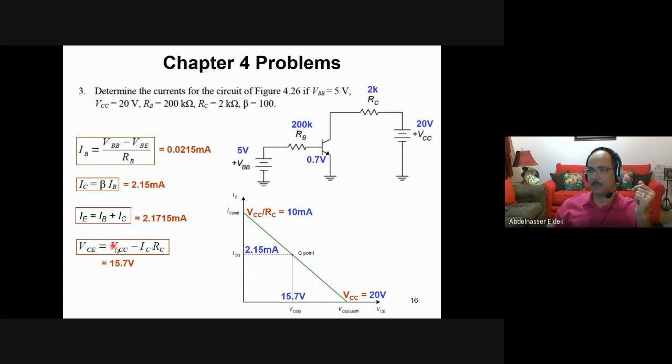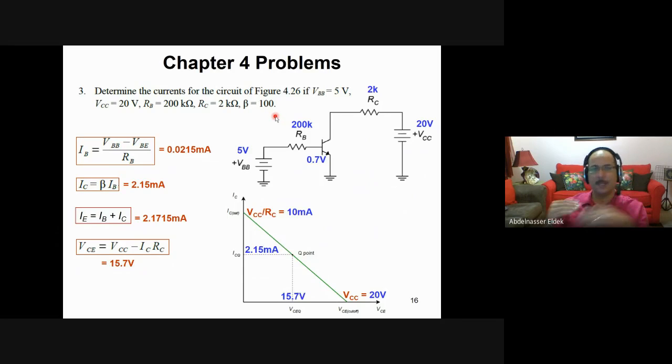So VCC is 20 divided by RC, which is 2K. Then it is 20 divided by 2K, that is 10 milliampere. So we know that all the operating points will be located on this line, of course, if you have different Q. Okay, so let us now see the different beta, sorry. Beta is 100 here.